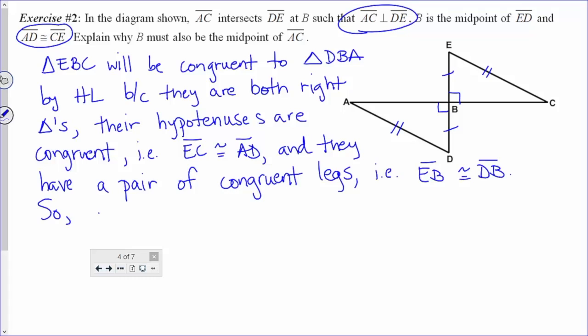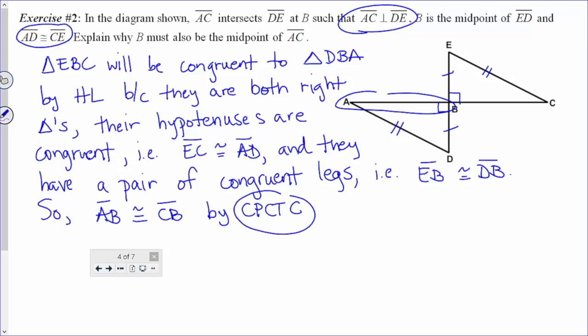So, right, now we know that AB must be congruent to CB by CPCTC. Our favorite reason, by CPCTC.